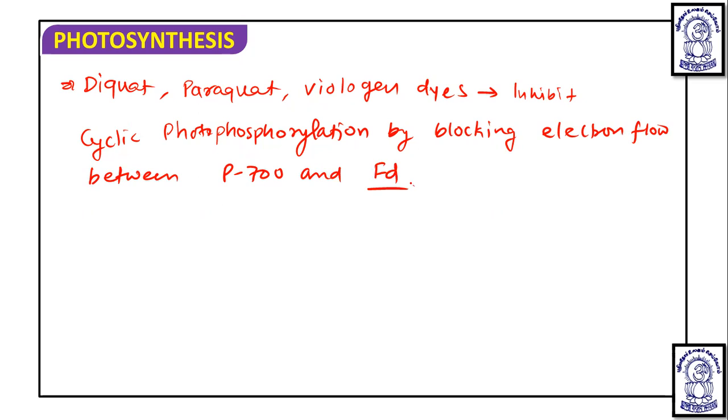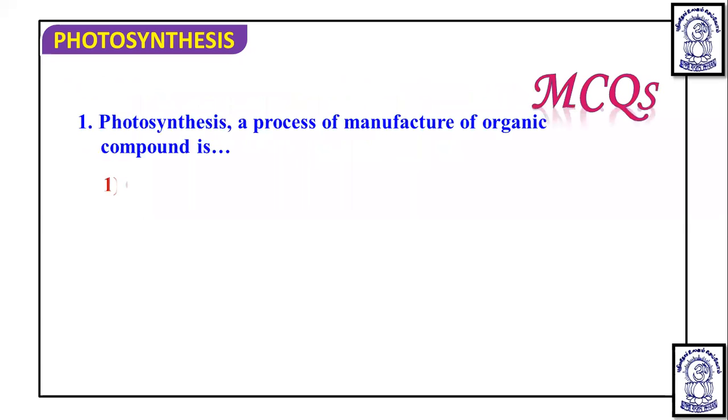So they mainly inhibit cyclic photophosphorylation. This is how the inhibitors work. So that is all about the factors.